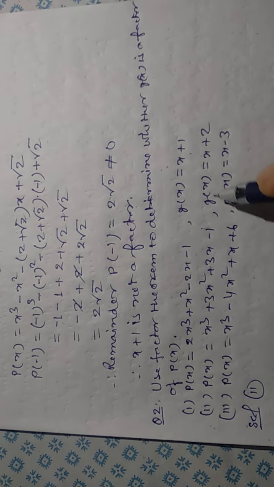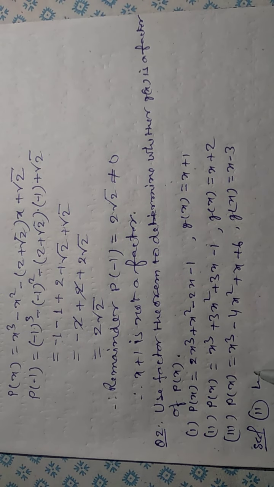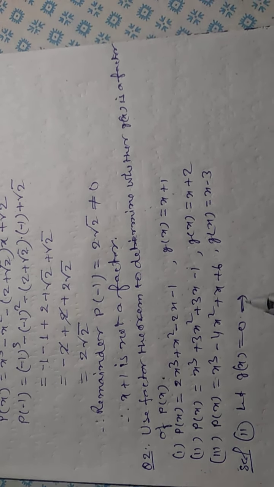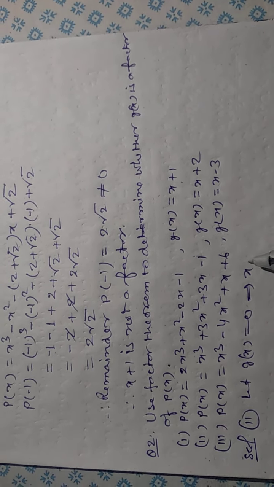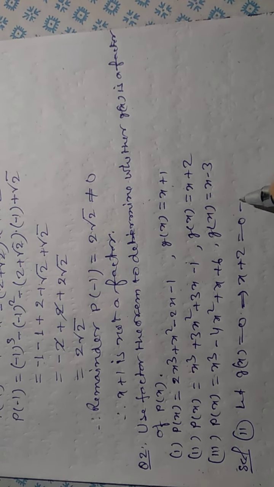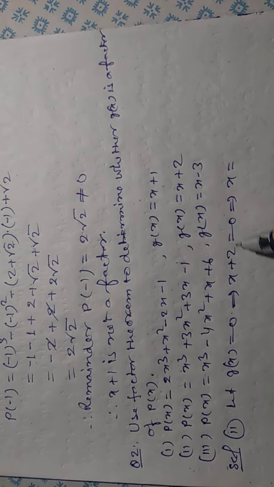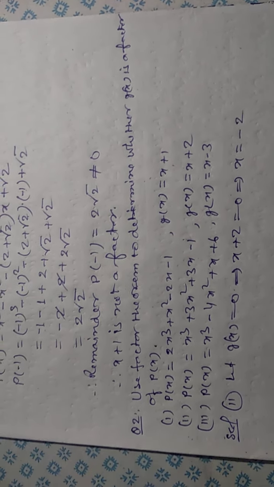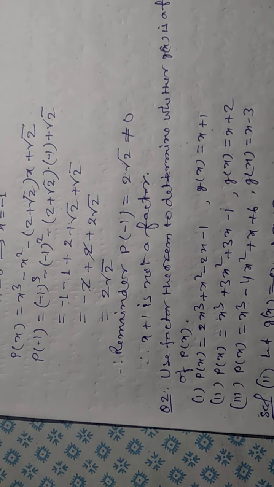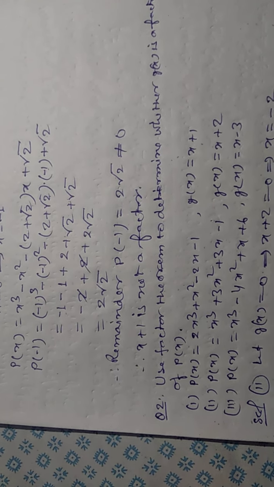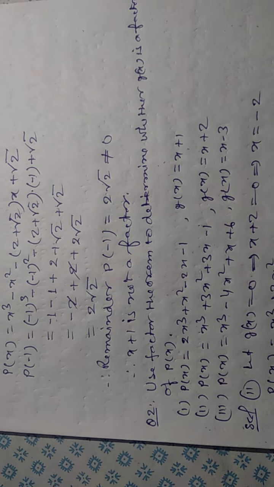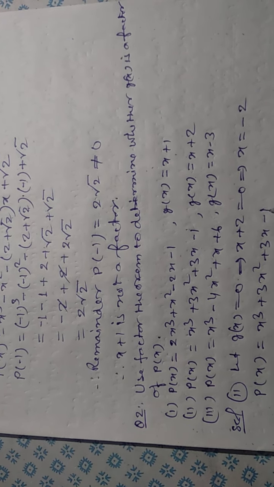Now for number 2, let g(x) equal to 0, which implies x plus 2 equal to 0, which implies x equal to, transposing this 2 to the right hand side, minus 2. Now p(x) equals x cube plus 3x square plus 3x minus 1.